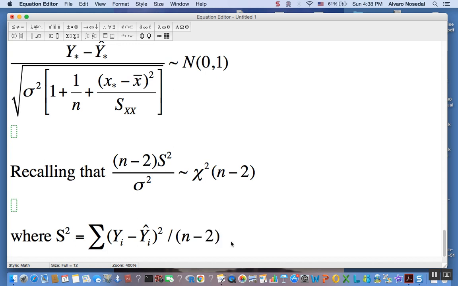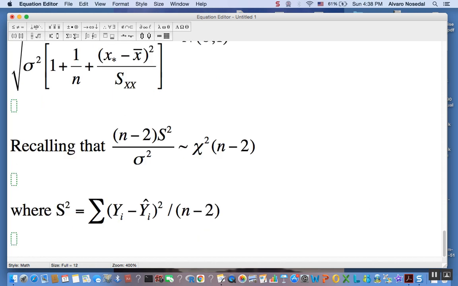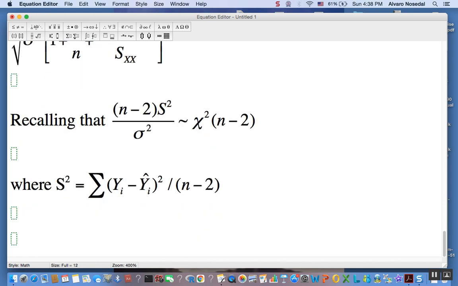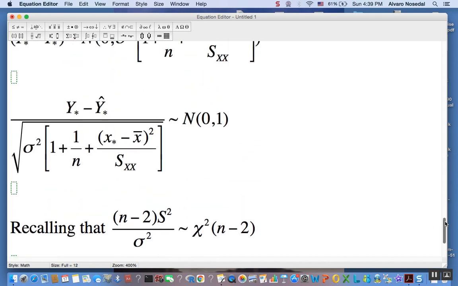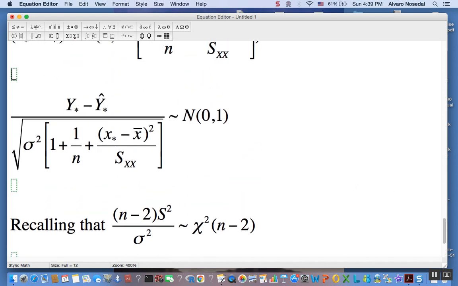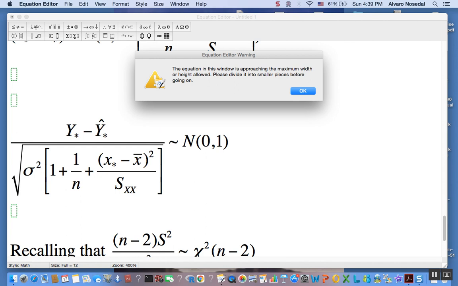So that's s square, and we know that it is an unbiased estimator of sigma square. So this guy divided by n minus 2 would be a good candidate for our t-distribution. Let me say that this will be our numerator.